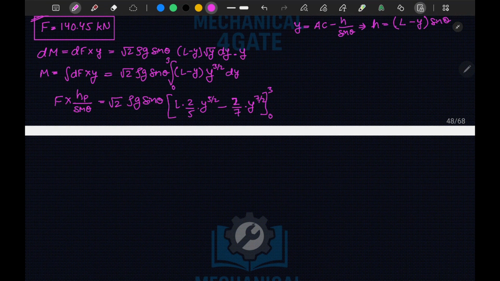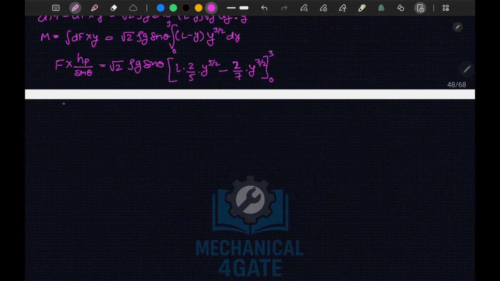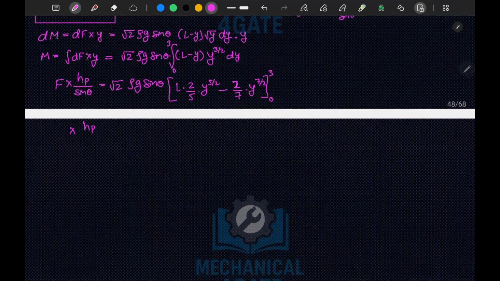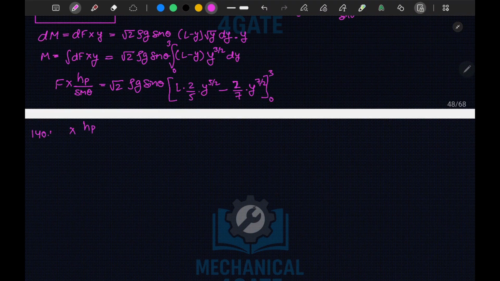So if you solve this now, this is F into, and the F value we know is 140.45 kilonewton.